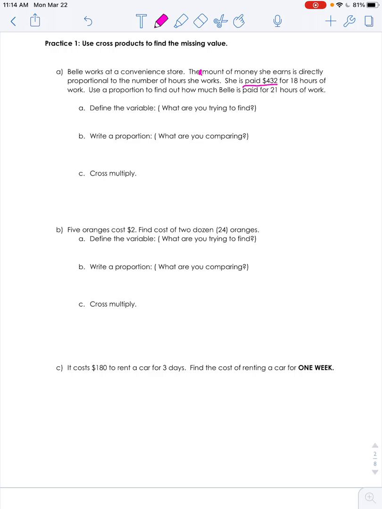She is paid $432 for 18 hours of work. Use a proportion to find out how much Belle is paid for 21 hours of work. So define the variable. Write your proportions. And then cross multiply to get your answer. So go ahead, pause the video, and get an answer for that.